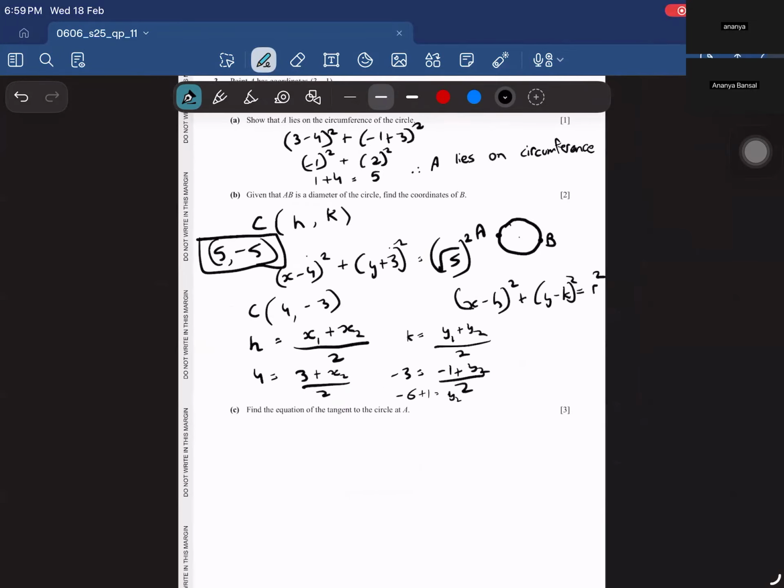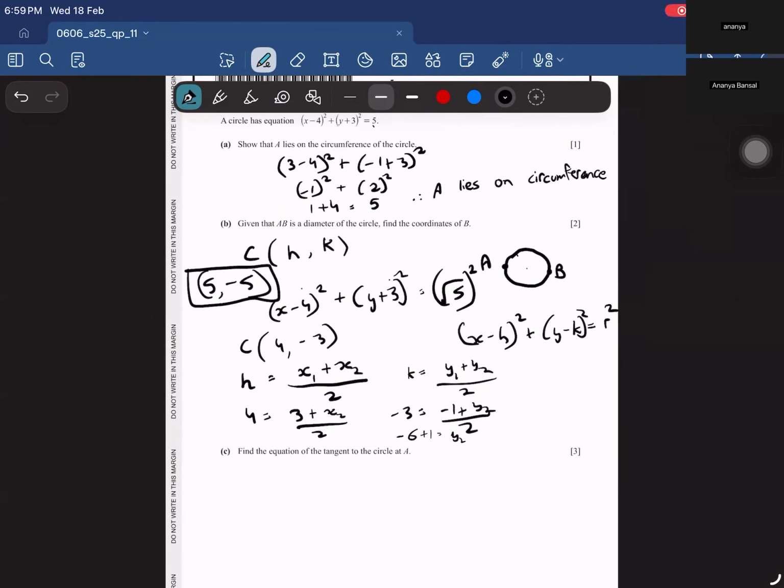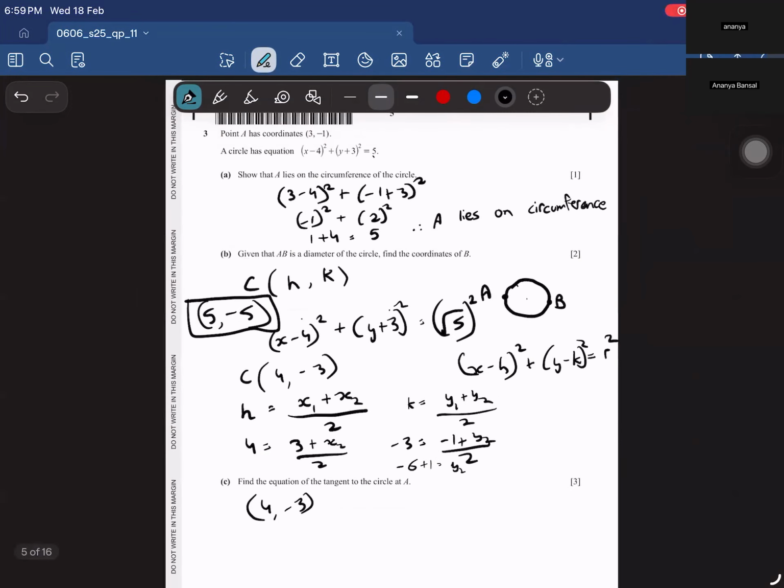To find the gradient of the radius, we can take our center coordinates and our point A's coordinates.